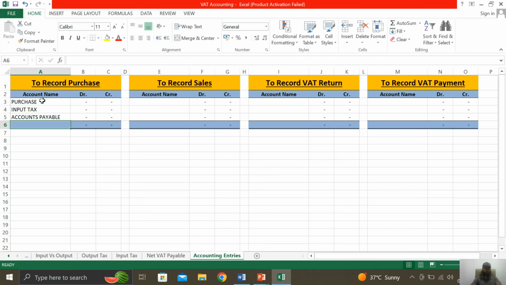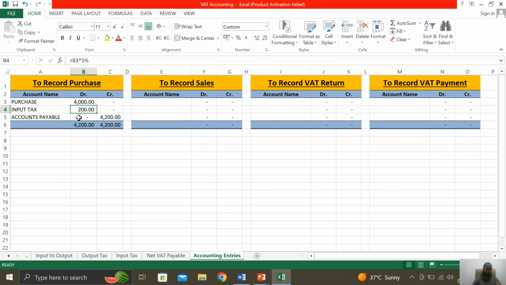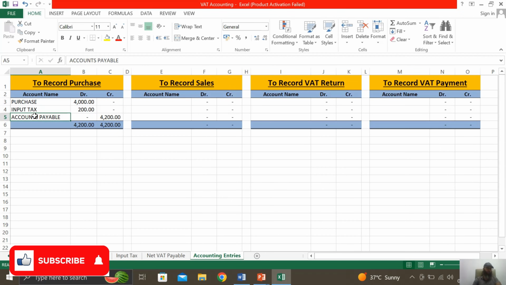Suppose you have made a purchase of 4,000, so the 5% VAT will be 200, and the amount you will give credit to the accounts payable will be 4,200. And if you have paid cash, here it will be cash or bank, whatever you have paid, you can make this entry.